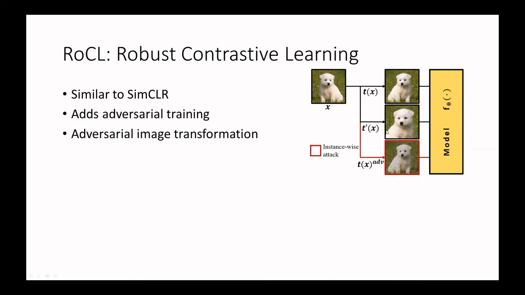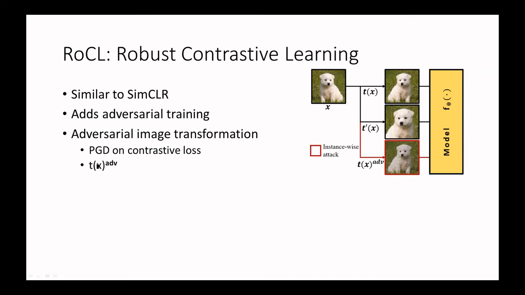We can see here that T(x) and T'(x) are the two random transformations of an image, which were used in the SimCLR version. But now we have one additional one, that is T(x) adversarial, the adversarial image, which is created using a PGD attack on the contrastive loss.